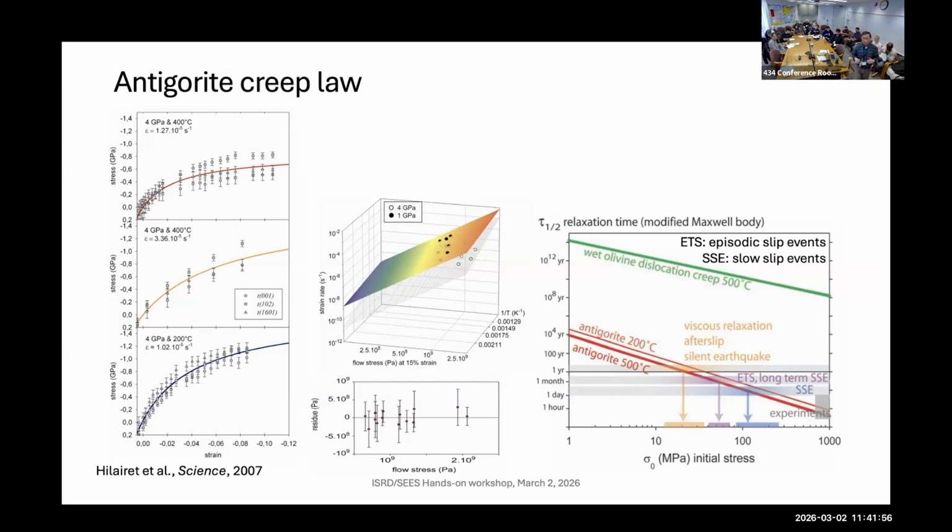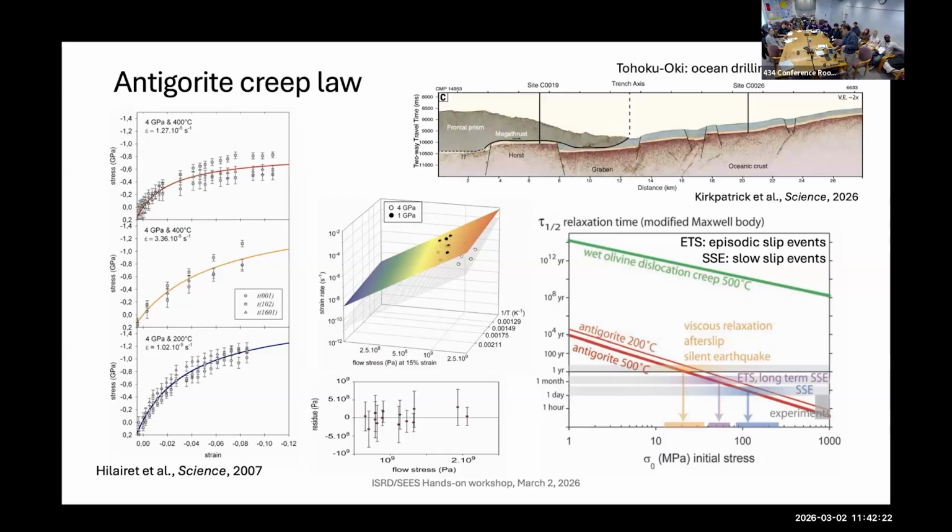And the conclusion at that time was that if you have an antigorite layer between the crust and your subducting slab, this layer is so weak, even compared with wet olivine, that most of the deformation will be concentrated in that layer. Then when you accumulate enough energy, this layer would all of a sudden slip, generating earthquakes.